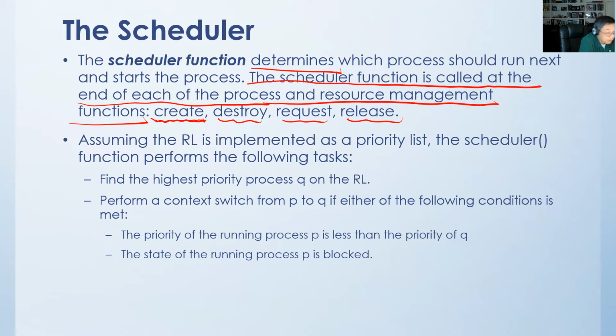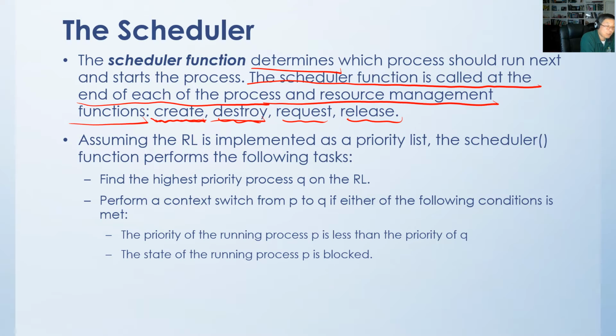Okay. Now, when a process is destroyed, you have one fewer processes running. So the scheduler function will kick in, and again it needs to decide, for the remaining processes, which one to pick to run.